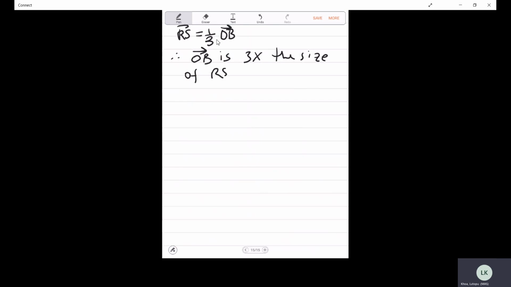So they are in fact parallel, because one is a scalar multiple of the other, and it is 3 times as long as the other one because RS is a third of OB. So this means that OB is 3 times RS. So it's 3 times as long as RS. So that was number 6. Let's move on to the next one.